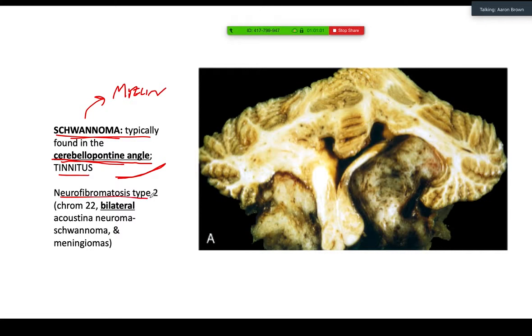In neurofibromatosis type 2, we see bilateral schwannoma in the acoustic area. Okay, so we're looking for that tinnitus, and we're looking for problems bilaterally in neurofibromatosis type 2. And again, they also tend to have meningiomas. Okay, great.